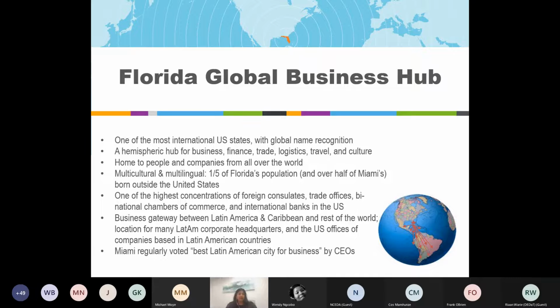And it's a state with one of the highest concentrations of foreign consulates, trade offices, binational chambers of commerce, and international banks in the US. Again, a business gateway to Latin America, as well as North America and the Caribbean basin. Next slide, please.